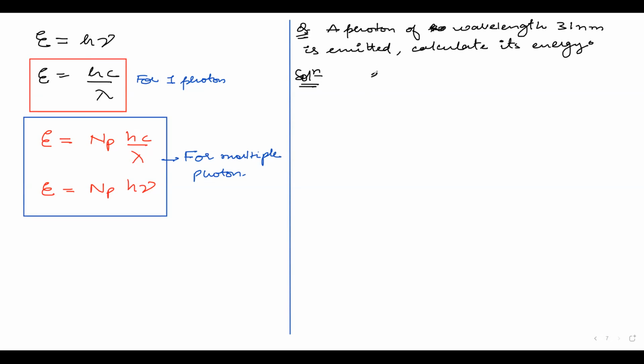We have here energy is equal to H, which is 6.626 into 10 to the power minus 34 joule second into 3 into 10 to the power 8 meter per second, and we will divide this whole thing by 31 into nano, which is 10 to the power minus 9 meters.